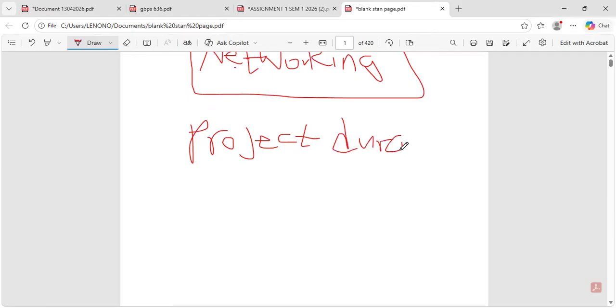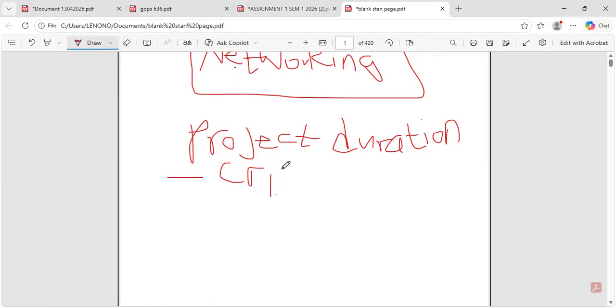The project duration means how long it will take for us to finish working on this project, which is also called the critical path or the critical times. So that's what we know we do.